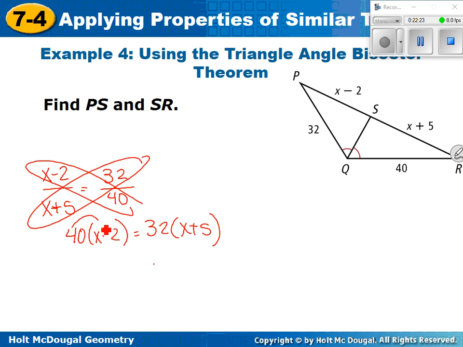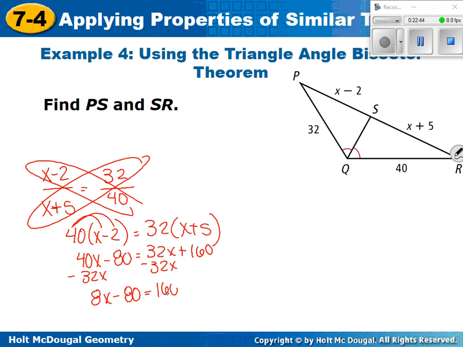Okay, distribute. So 40x minus 80 equals 32x plus 160. Subtract. JP, you see your mistake yet? Subtract 32x and you get 8x minus 80 equals 160. Add 80.